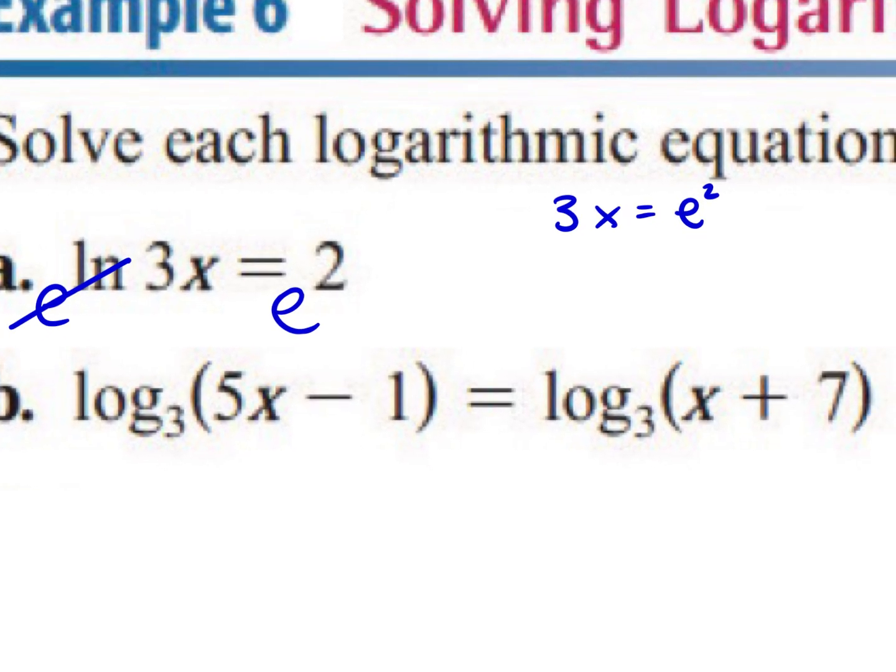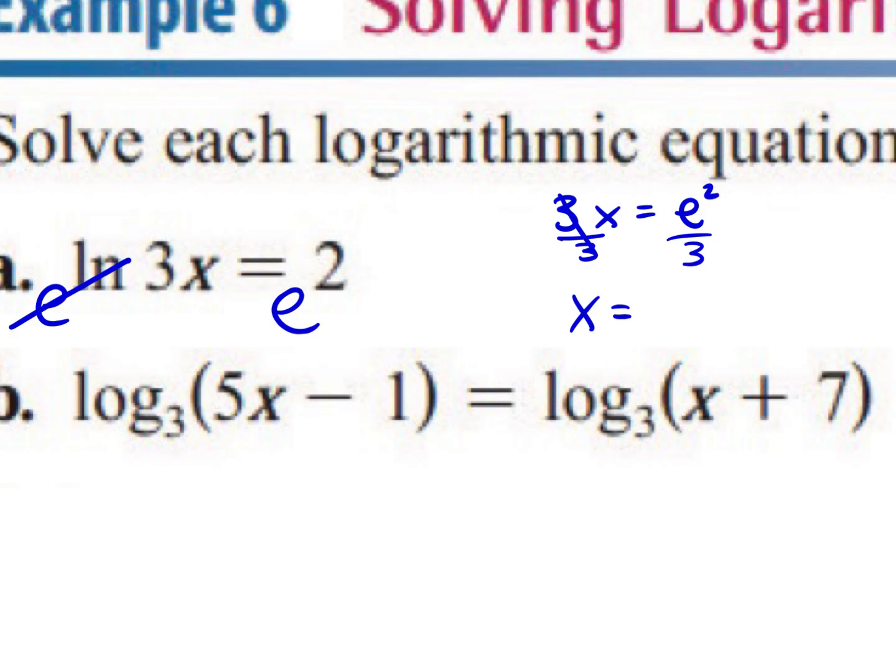Here we can put e to the power of 2 in the calculator, or if you want to do it all at once. What's the last step that we have to do? Divide by 3. So x equals, we'll do e to the power of 2. And then if you're going to do it all together, make sure you put e to the power of 2 equals or close the parenthesis.